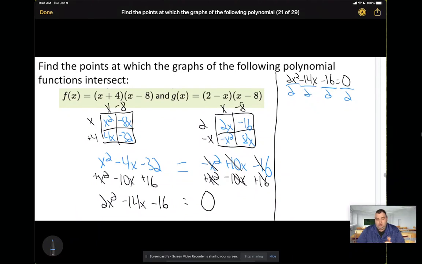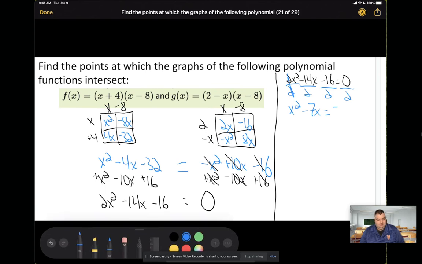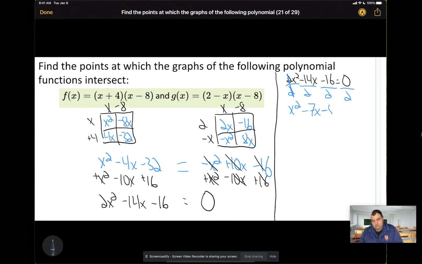So 2x squared divided by 2 is just going to be x squared. Negative 14x divided by 2 is going to be negative 7x. And negative 16 divided by 2 is going to be negative 8. And obviously 0 divided by 2 is 0. So now I'm down to x squared minus 7x minus 8 equals 0.